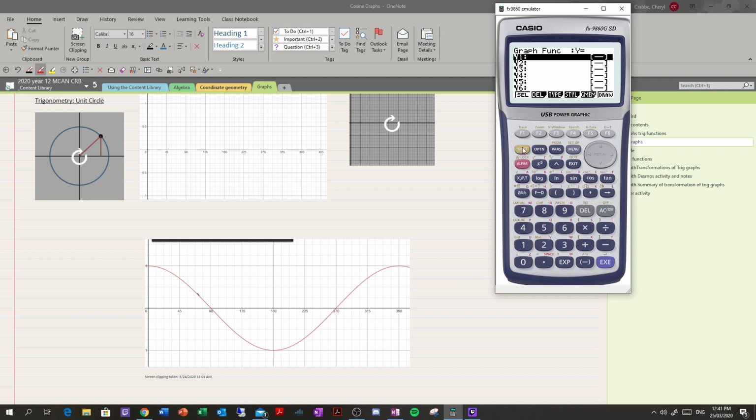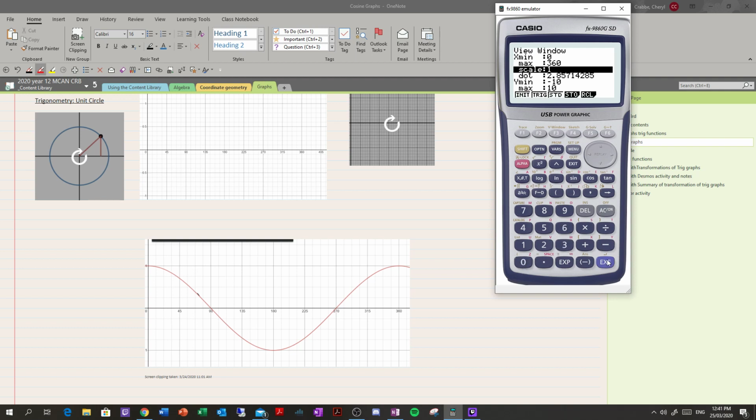So basically you go Shift F3, which is your window. Now you can hit this trig function, which will put things in degrees and so on, but that's not what I want. I want you to change this x minimum to 0, go to a max of x of 360.